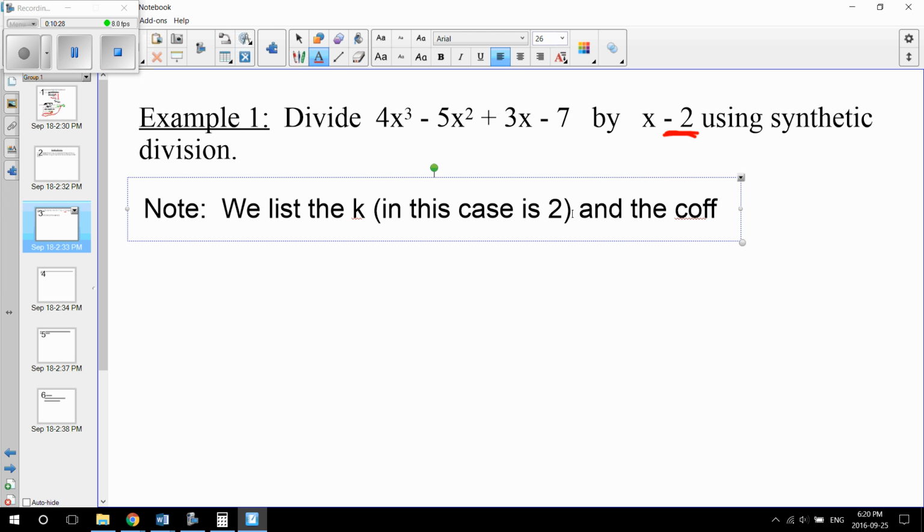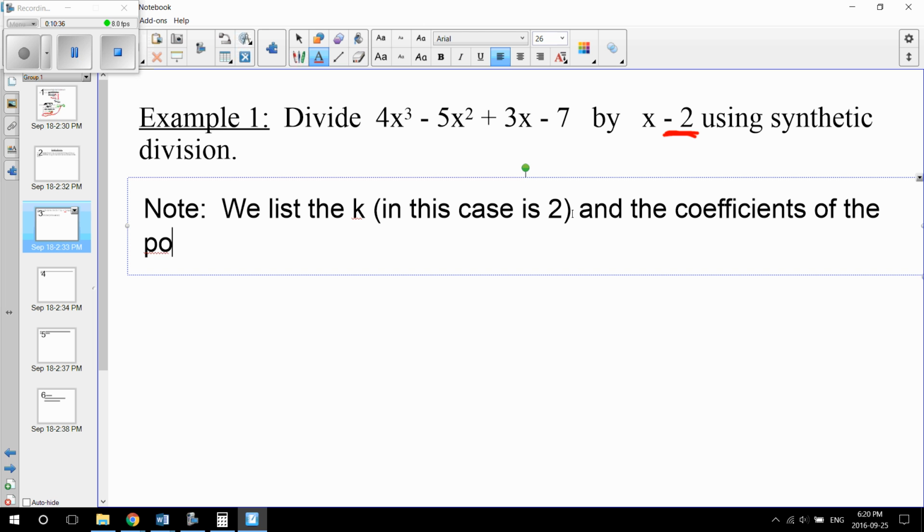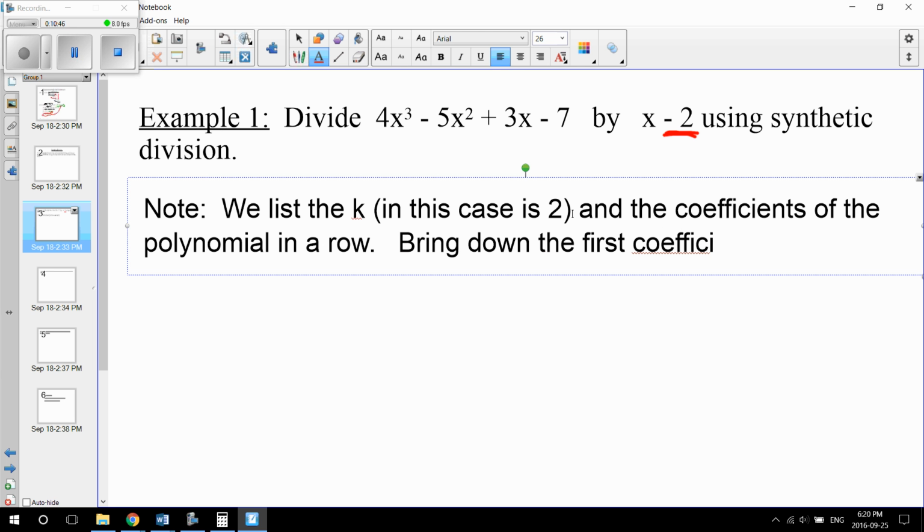And we also look at the coefficients of the polynomial, and we list them in a row. Then we're going to bring down the first coefficient, which in this case is a 4.